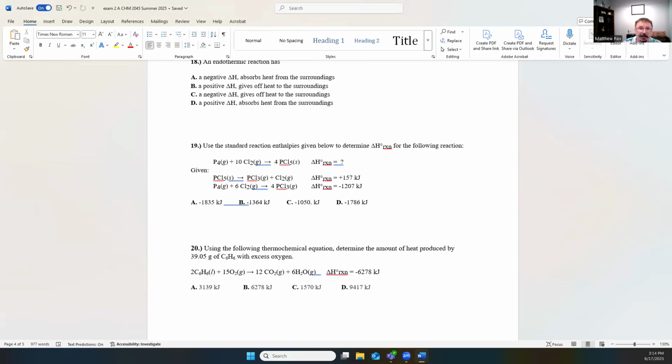19, we have that Hess's law problem here. So we need to look at what equation we want to get to and what equations we are given. So we want to get to P4 plus 10Cl2 goes to form 4PCl5, phosphorus pentachloride.